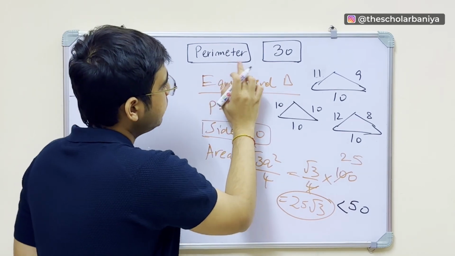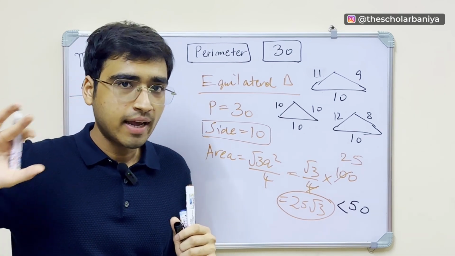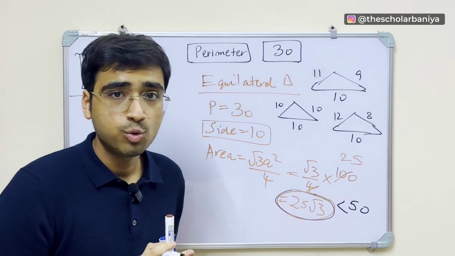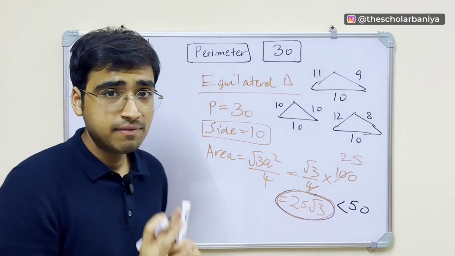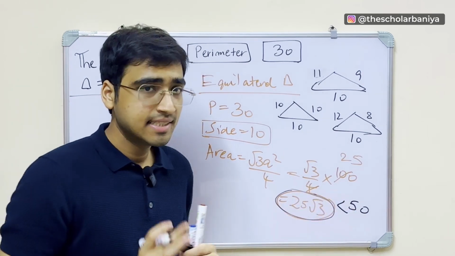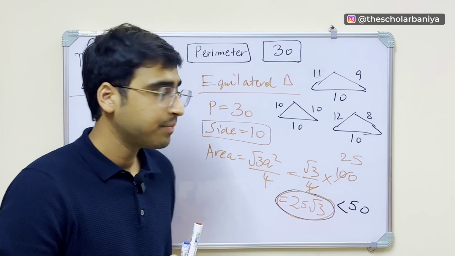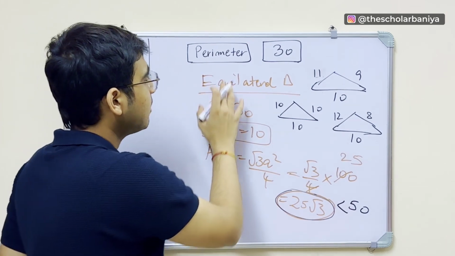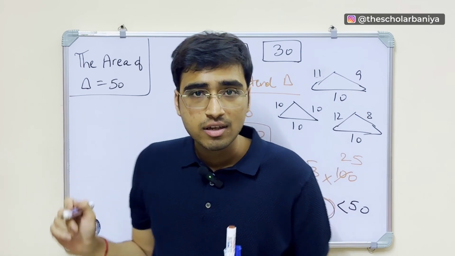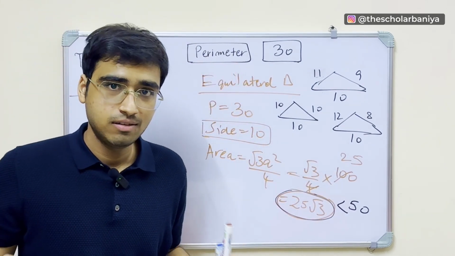So if the perimeter is 30, then what can be the maximum area of the triangle? The maximum area of the triangle in that case can be 25 root 3, which is in the case of an equilateral triangle, right? And 25 root 3 is less than 50 because if you calculate, it will come to be less than 50. That means that if we want to have the area 50, we should definitely have the perimeter greater than 30, right?